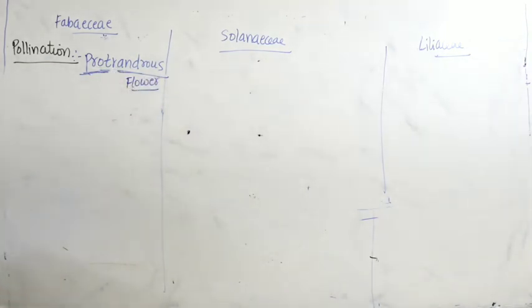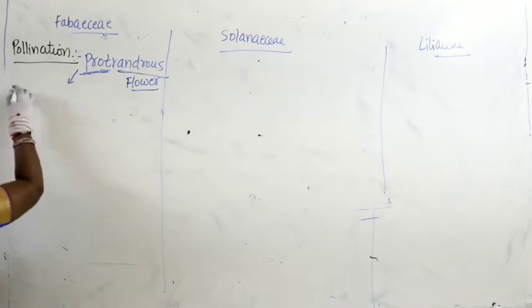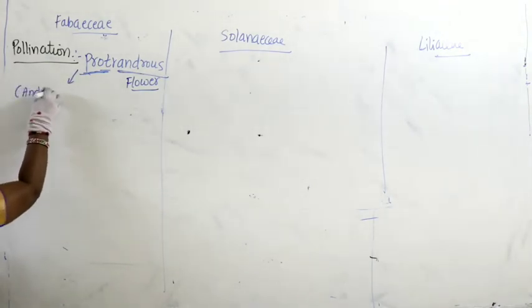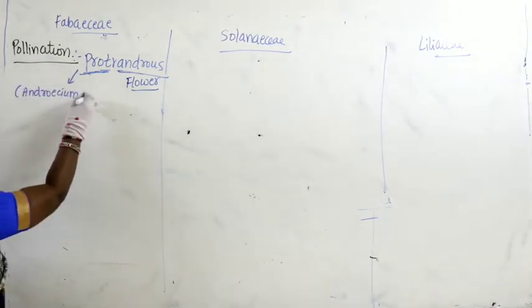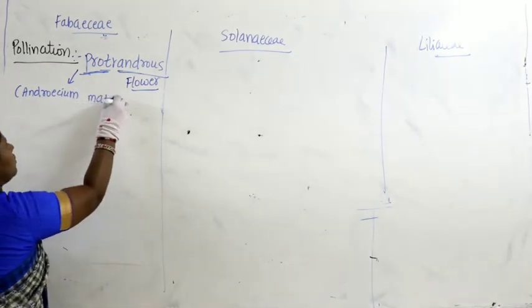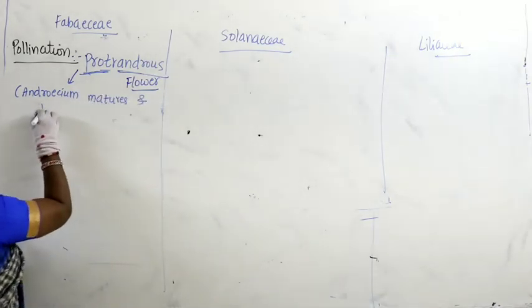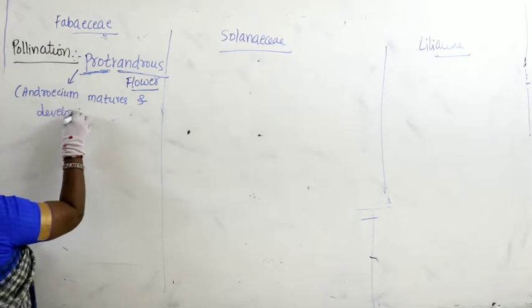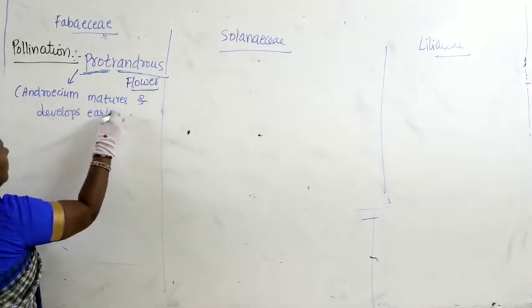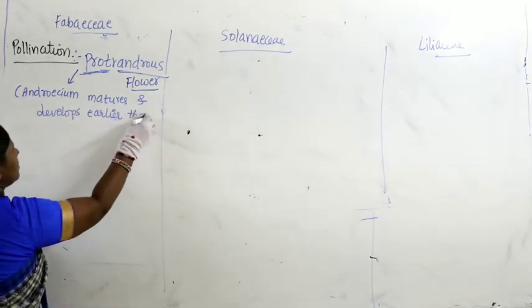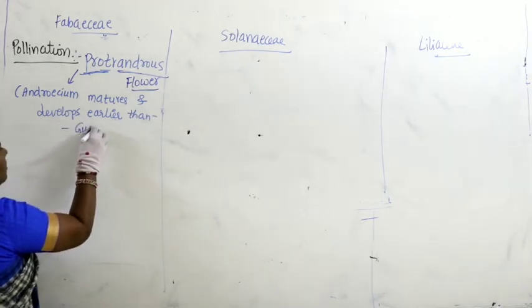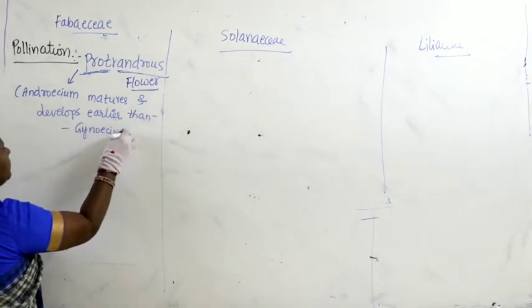What's the meaning of protandrous here? I'll write the meaning here. In this flower, androecium matures and develops earlier than gynoecium.